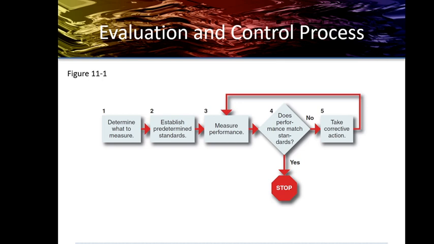Step number two, this is a very important point, you have to establish predetermined standards. That means before you start measuring your performance, you should develop the standards that you are going to depend on in measuring performance, because measuring means that you have to compare the actual performance with particular standards.